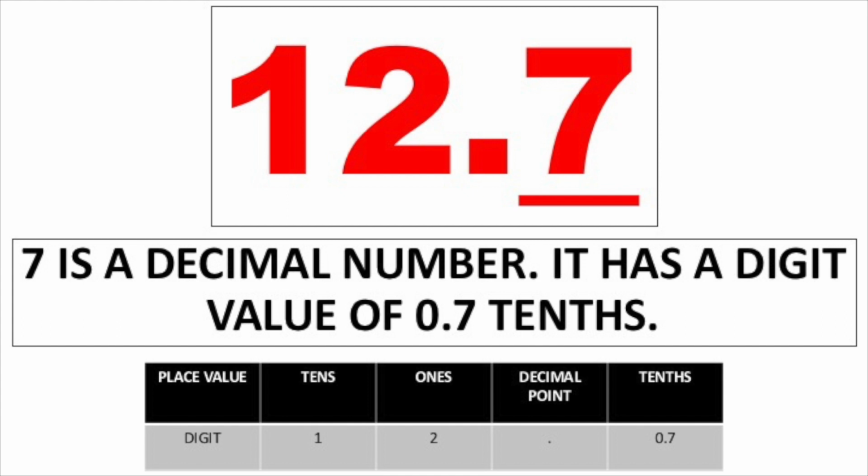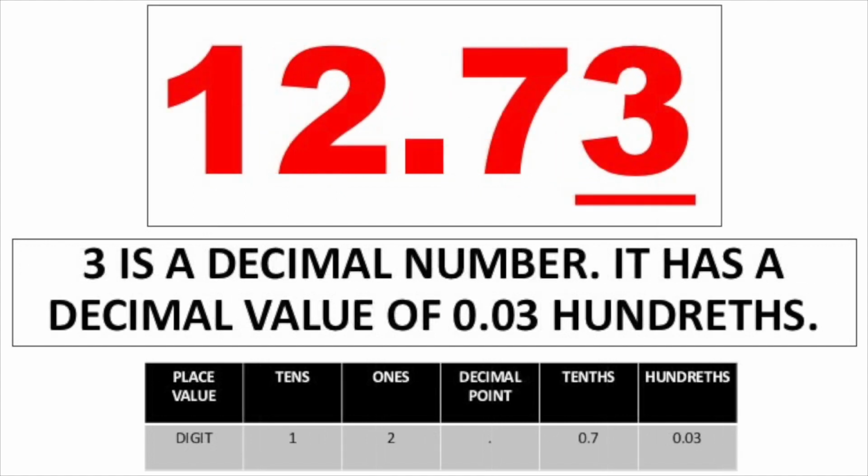Yes, because we know the first place value after the decimal point is the tenths. And you can see it represented here by 0.7. So that's what we mean by digit value. Not 7, because it's a decimal number, it has to be 0.7. Understand? Let's move on to the second number.